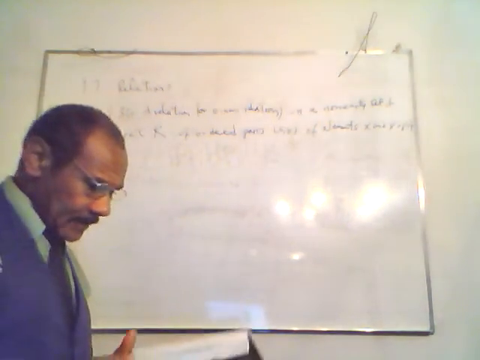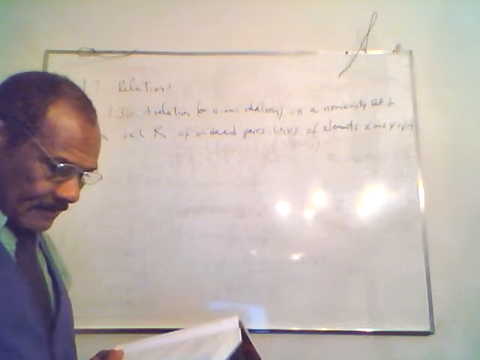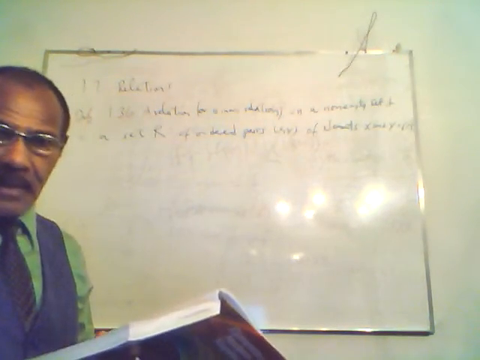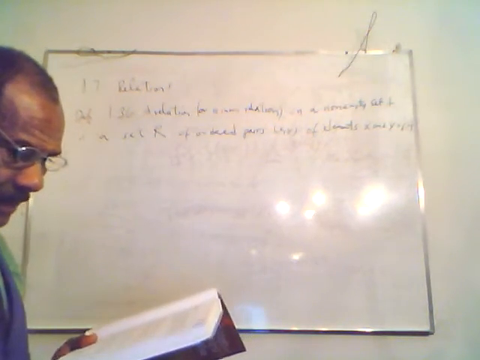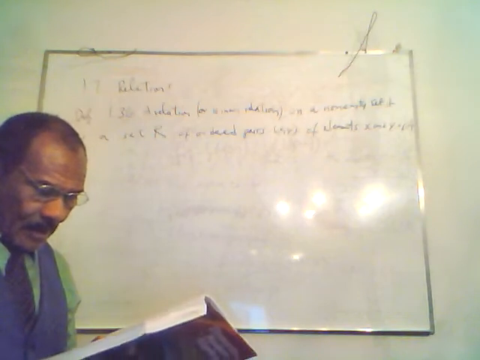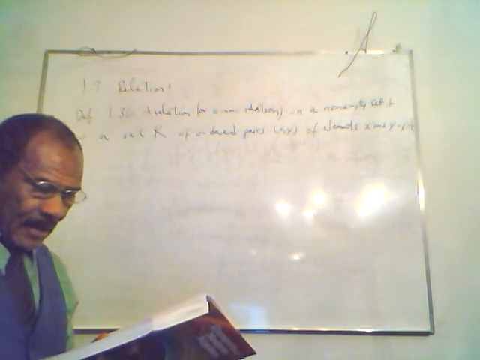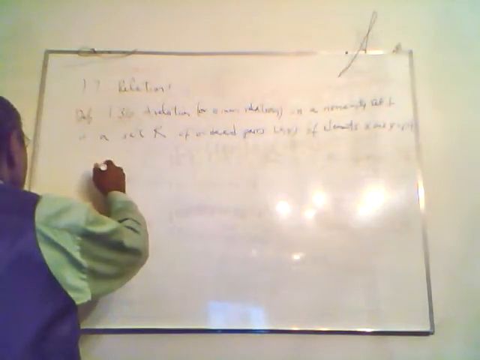As indicated on page 55, a relation is a subset of the Cartesian product A cross A. If the pair a, b is in the relation, is in R, we write a R b. That's how we write it.